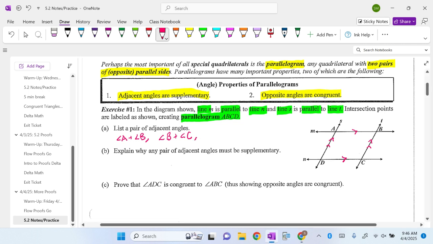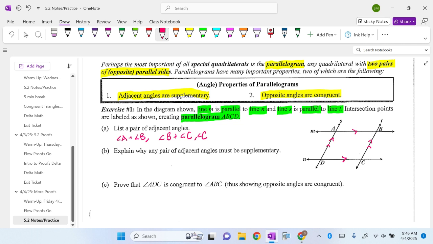Someone else besides Jasmine who's got another pair. C and D. Yes. That is what you said, right? D and B, they're opposites. We're looking at adjacents. But C and D are. And then there's one more. What is it? A and D.